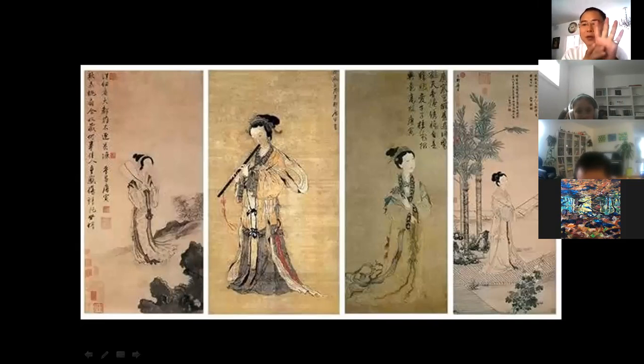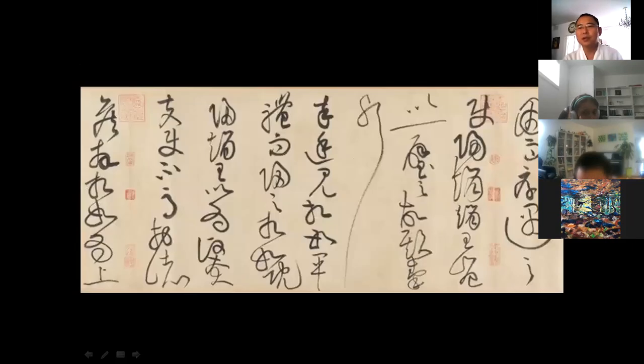There are four essential elements in almost every piece of Chinese ancient painting. The first one is this one, calligraphy. Okay. They're using some round-headed brush to write Chinese characters.